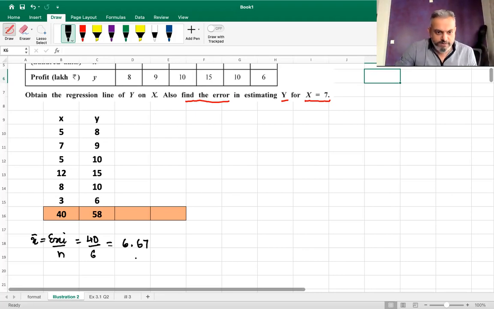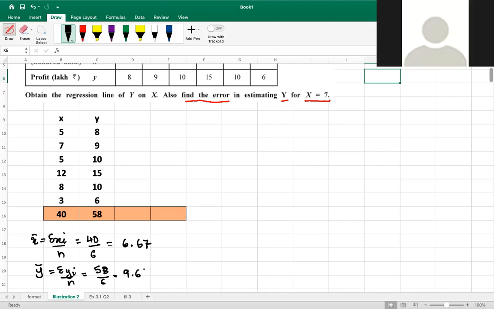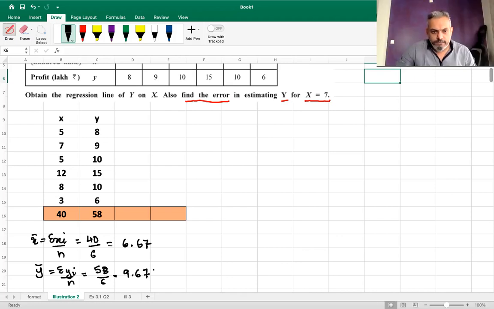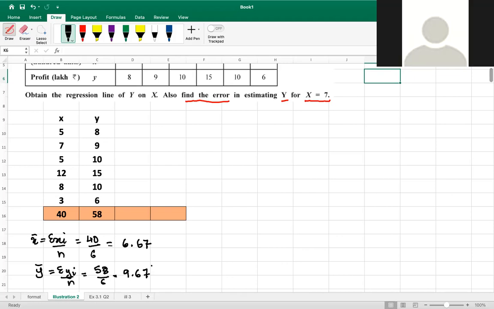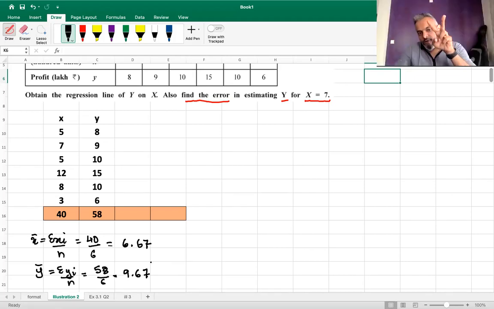So 6.67. y bar is equal to sigma yi upon n, which is equal to 58 by 6, which is 9.66666. So 9.67. Next, we can't directly take 6.7. No, here we have to go up to two decimal places, okay?